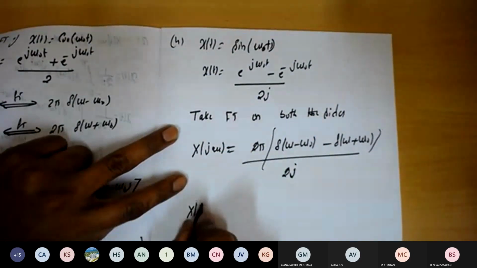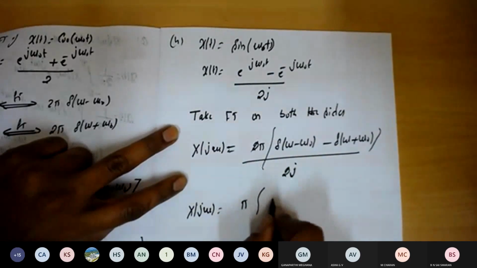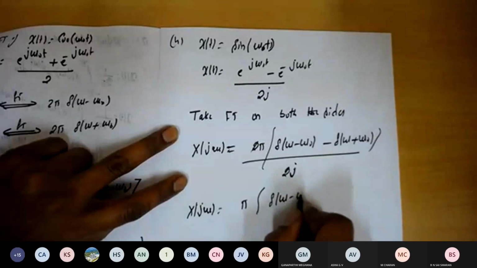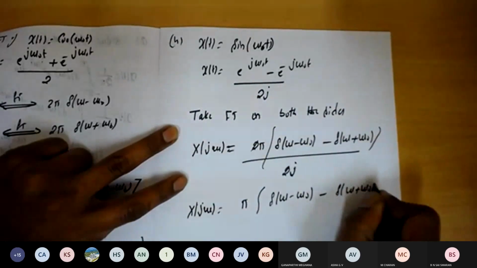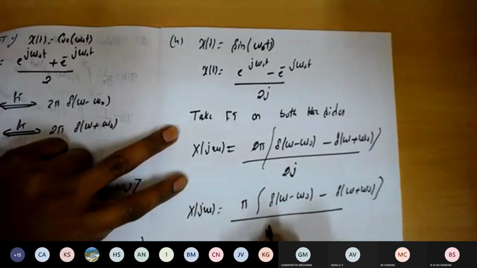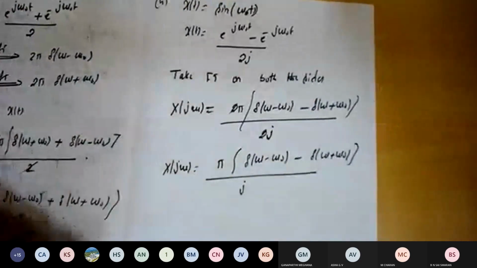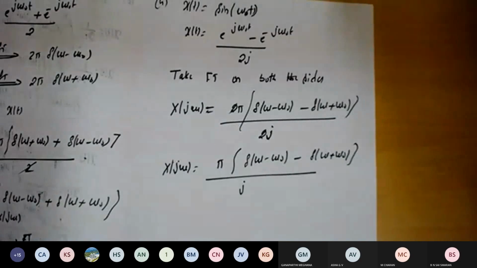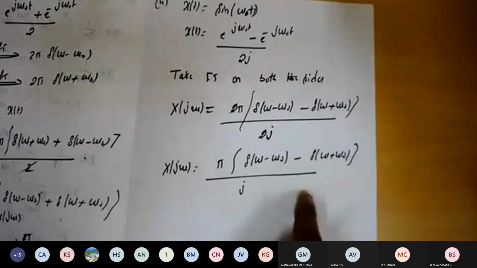So X of j omega is equal to pi into delta of omega minus omega naught minus delta of omega plus omega naught, whole thing divided by j. So this is what you get, the Fourier transform of the sine signal.